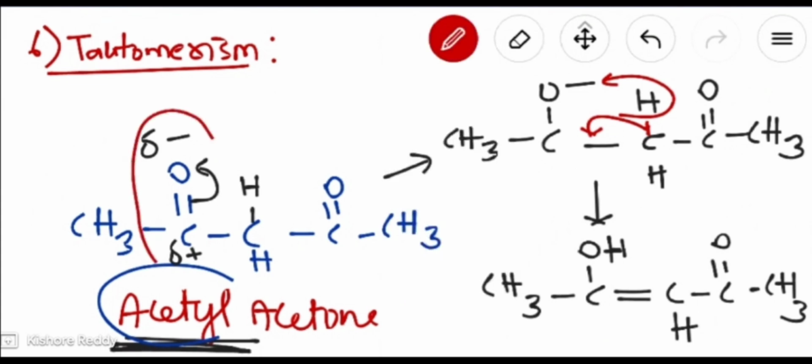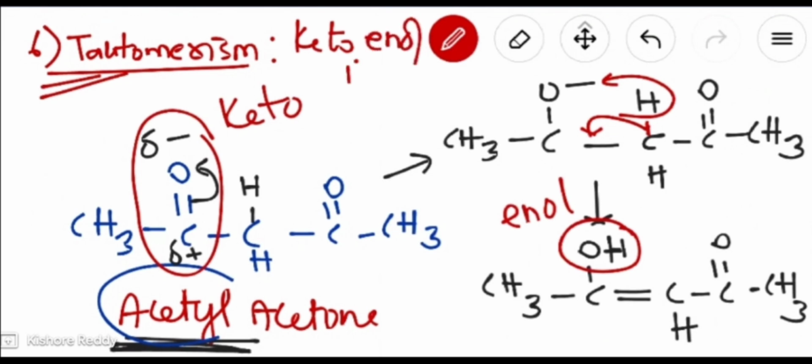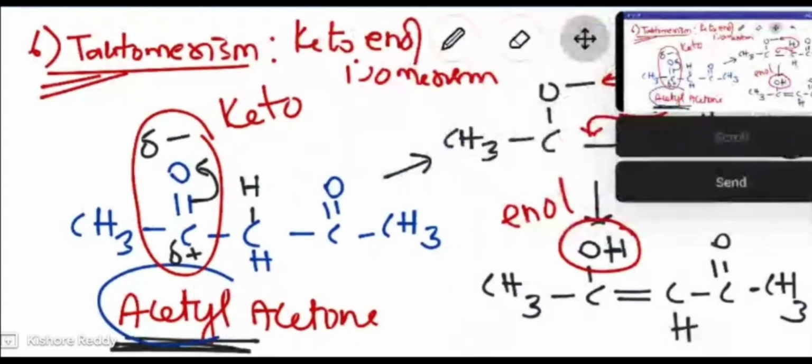Here CO group is called as keto group. OH group is called enol group. Both have same molecular formula, but keto group is converted into enol group. Hence, this is called as tautomers or keto-enol isomers. Both of you understood this? Same molecular formula, one is existing in the keto form, another one is existing in the enol form.